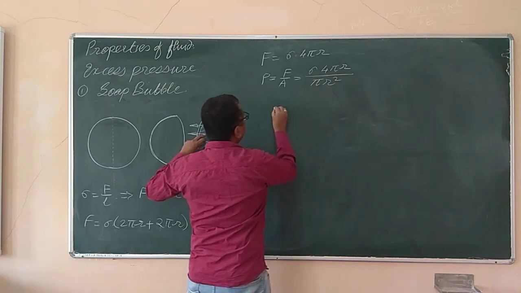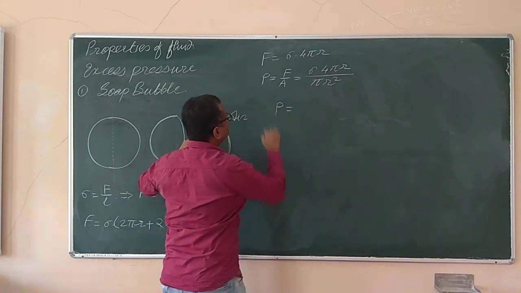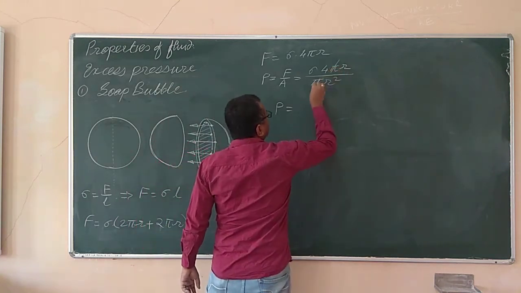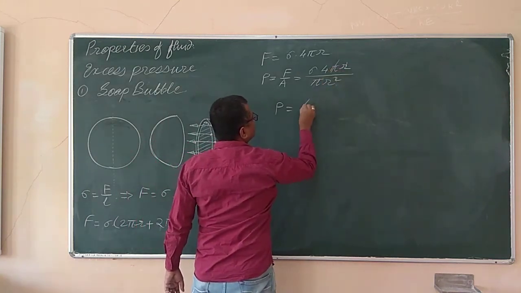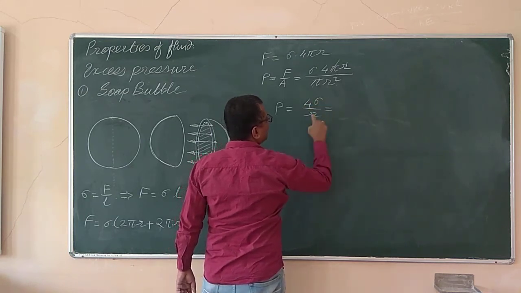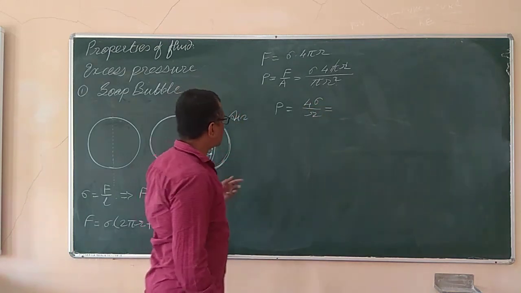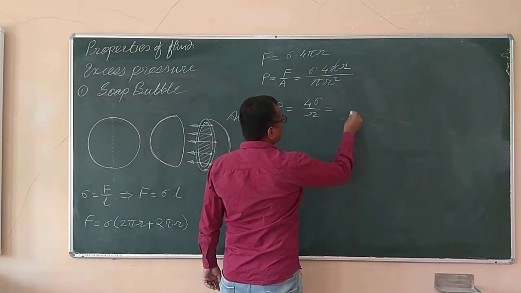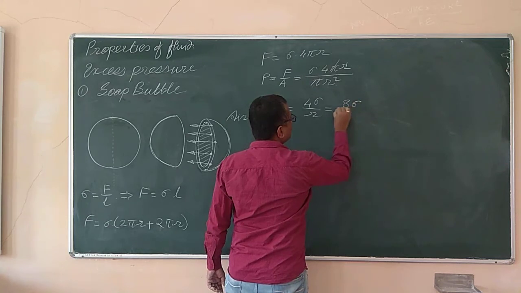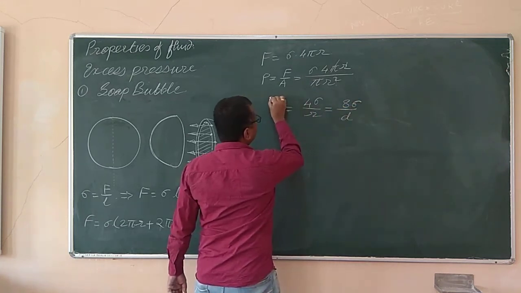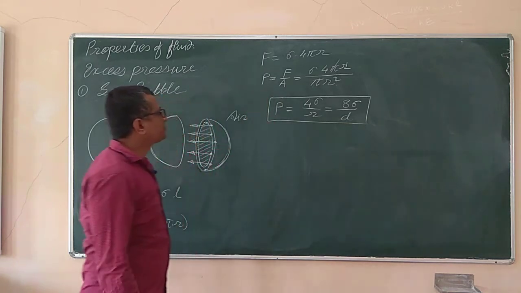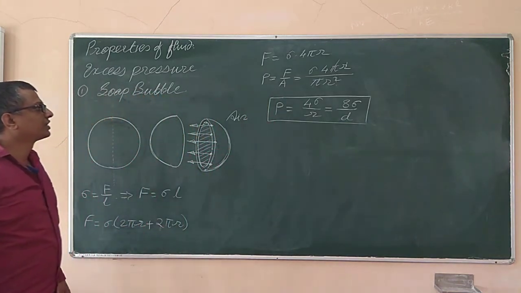So this is the formula for the excess pressure inside the soap bubble. The pi and one r get cancelled, so it will be 4 sigma by r, or the same formula in terms of the diameter of the bubble, r is d by 2, so it will be 8 sigma divided by d, and that is what the excess pressure inside a soap bubble is.